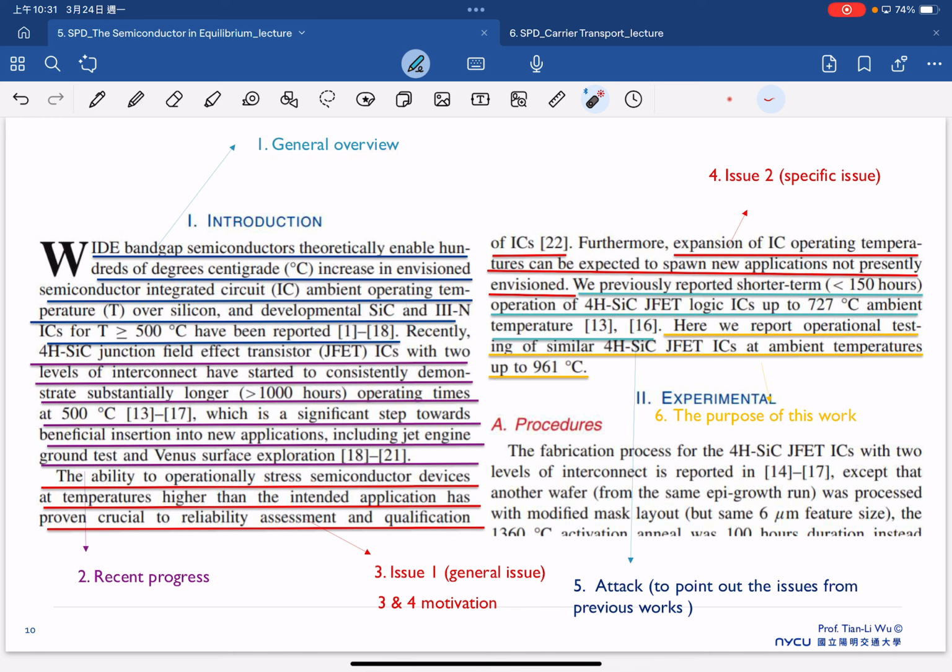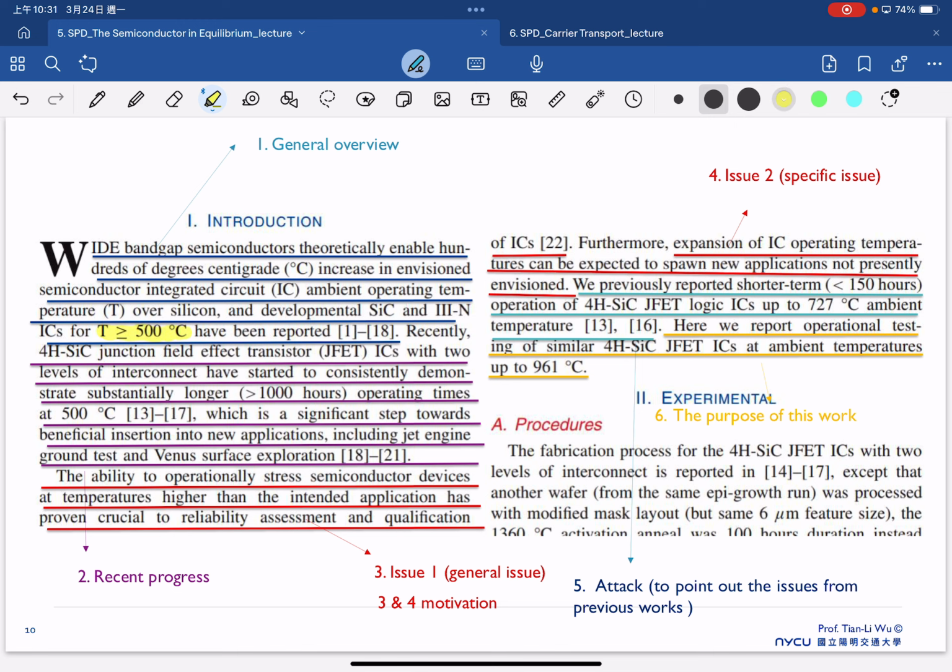The wide bandgap semiconductor theoretically enables hundreds of degrees Celsius increase in the semiconductor integrated circuit ambient operating temperature over silicon, and therefore silicon carbide and gallium nitride for temperatures more than 500 Celsius degrees have been proposed.